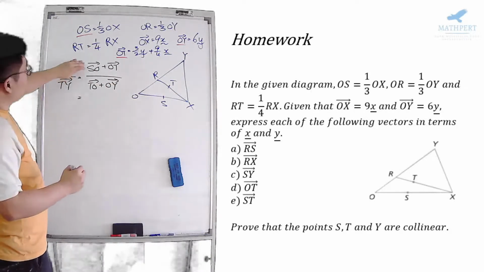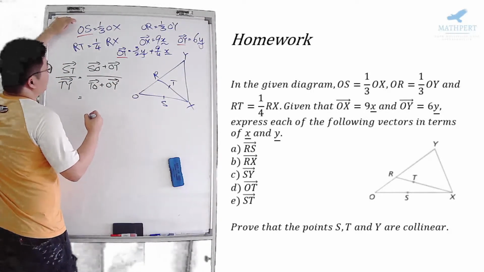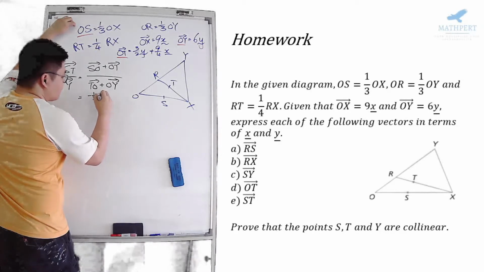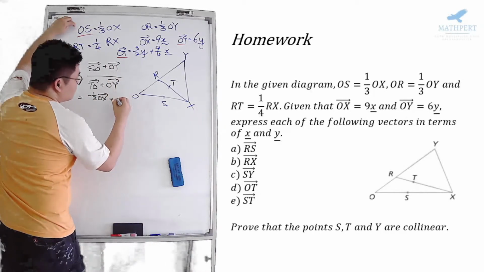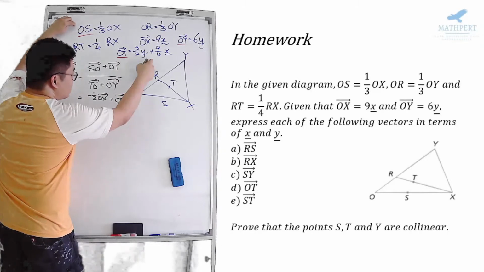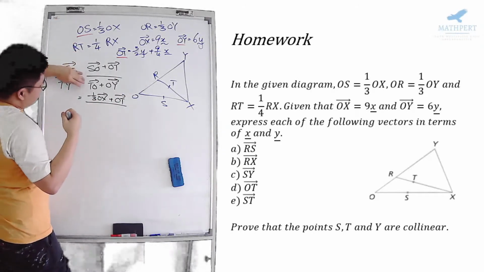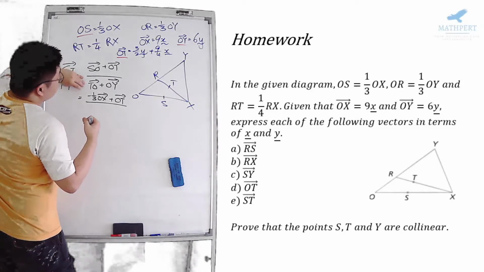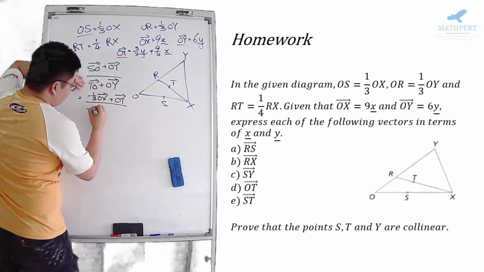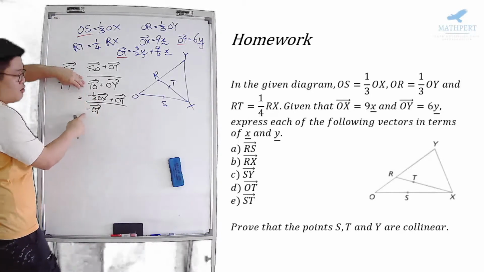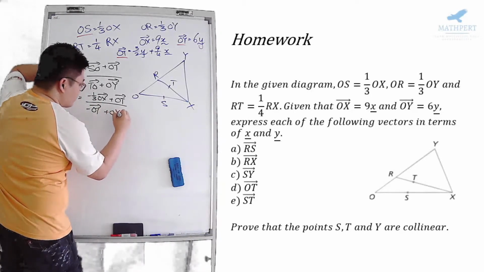So SO is negative 1/3 of OX, plus OT is this one. Later we write it in together. And then TO is negative OT, so TO is equal to negative OT plus OY.